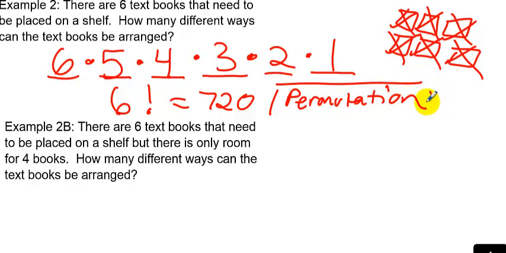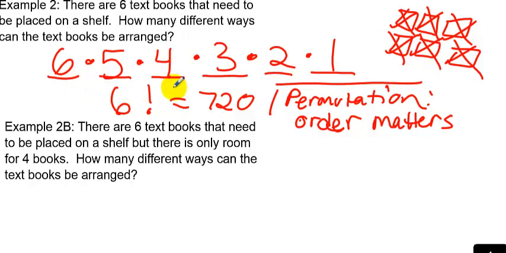And a permutation means that we're finding the number of outcomes and the order of those outcomes matters. What I mean by order matters is that we cannot take a book and put it in the first spot and then reuse that book in another spot.